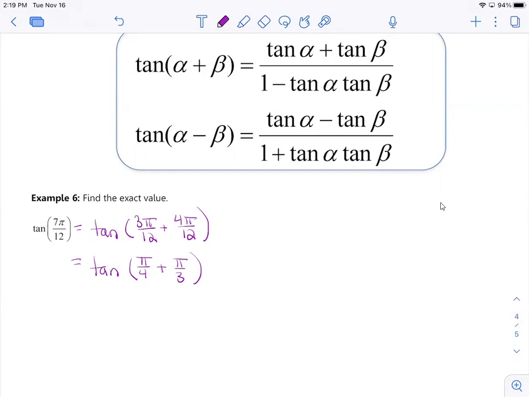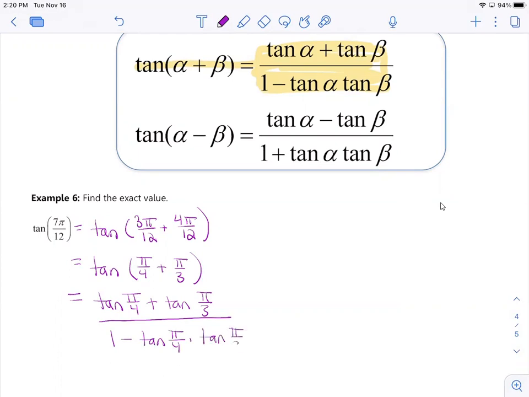All right, so now, since I chose to do a sum one, I'm going to look at this identity. So that would be tangent of pi over 4 plus tangent of pi over 3 over 1 minus tangent pi over 4 times tangent pi over 3.